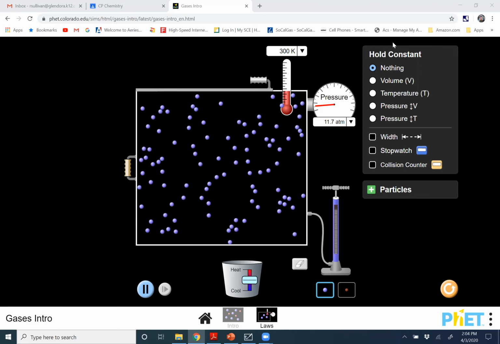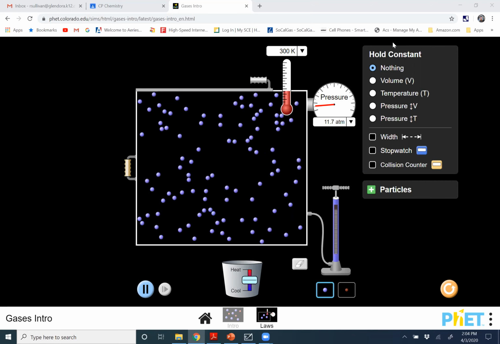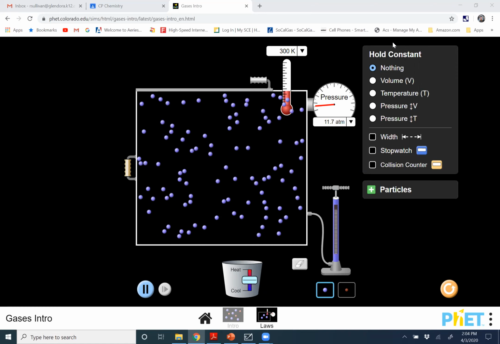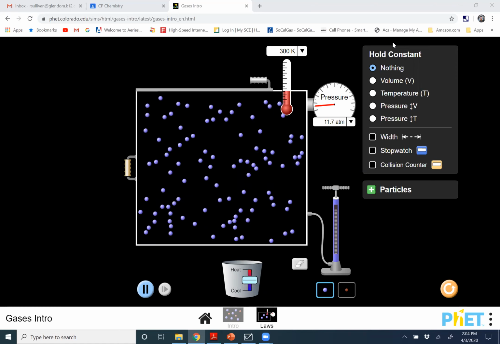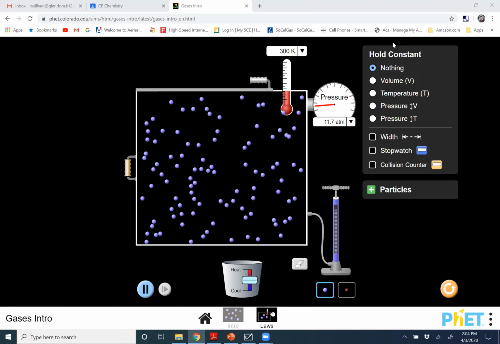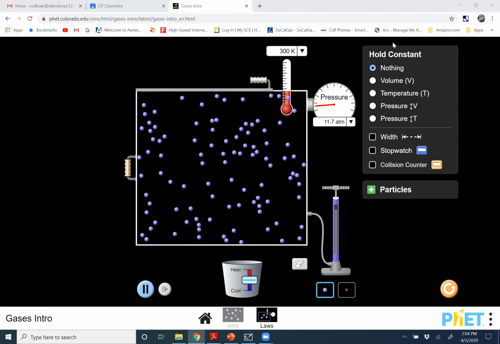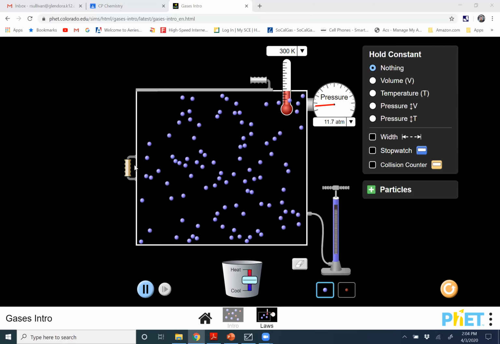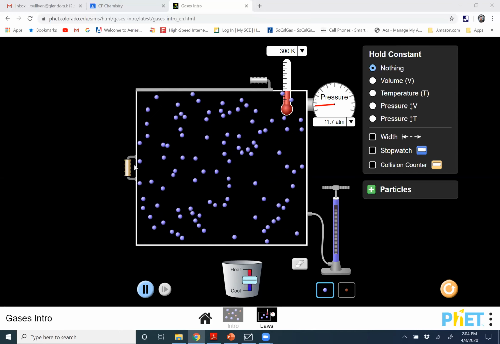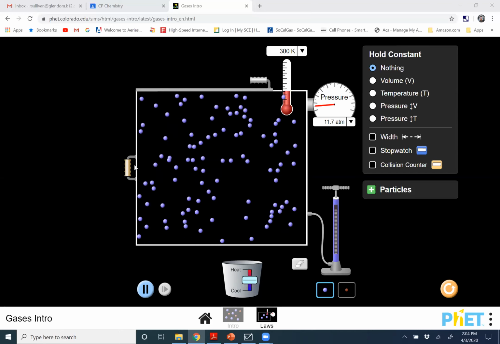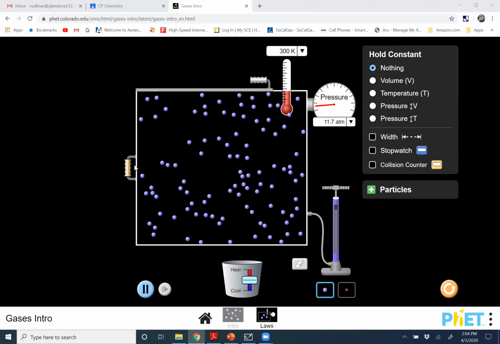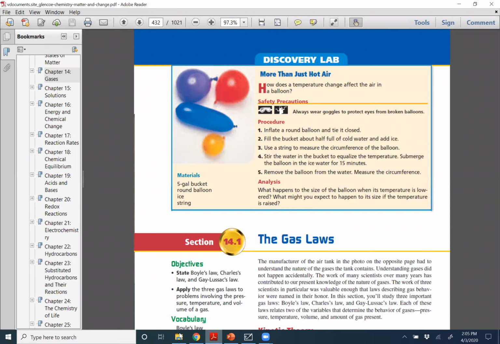I know it's not streaming at the highest frame rate for you because I have the meeting up on another computer, but we can still use it to understand because we're going to be looking at the numbers on the temperature scale, on that pressure scale, and then looking at the volume of the chamber, this chamber here, and we're going to look at how each change in pressure, temperature, volume affects the other measurements.